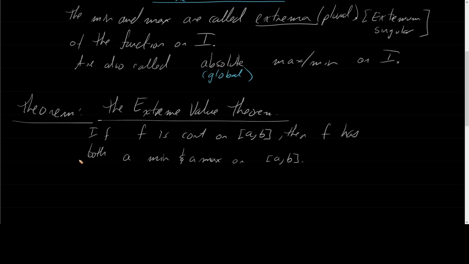So as long as the function is continuous, it will have a minimum and a maximum. And again, we'll take a look at some visuals of that in a little bit.